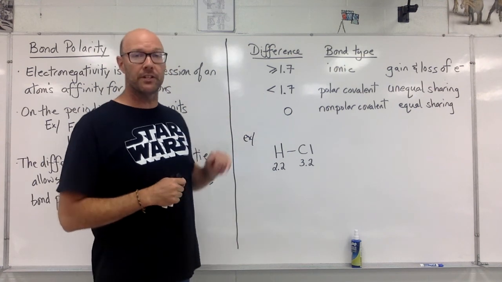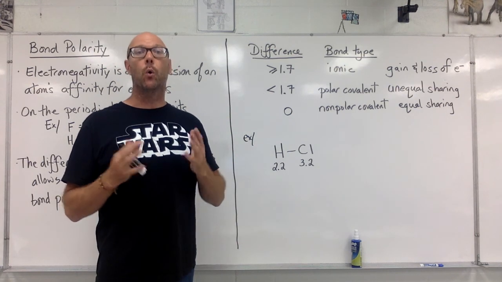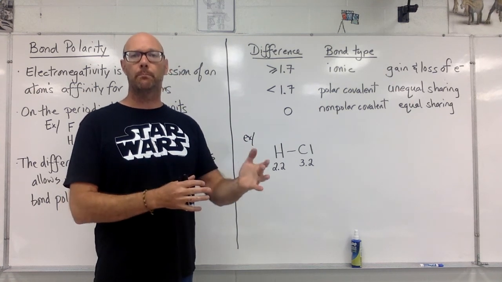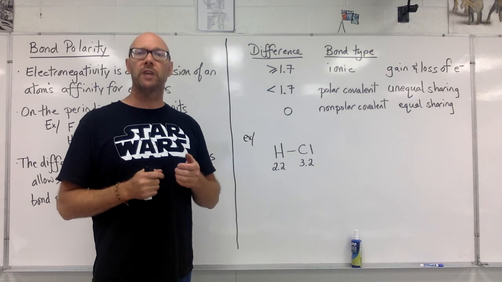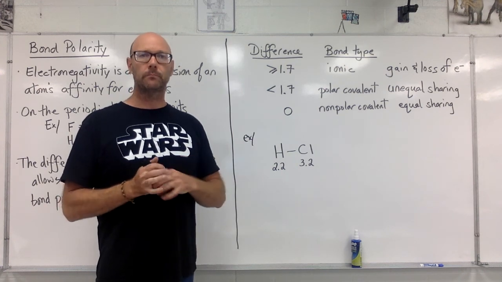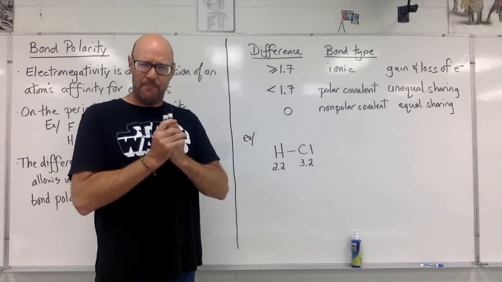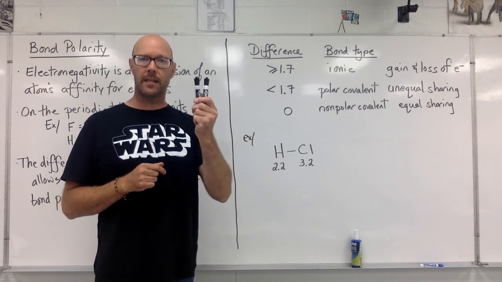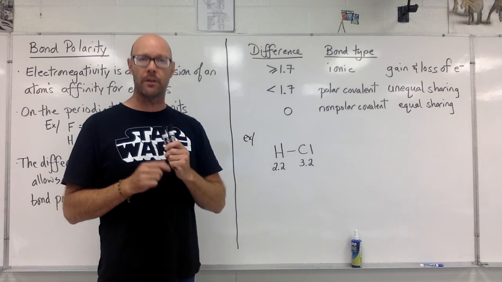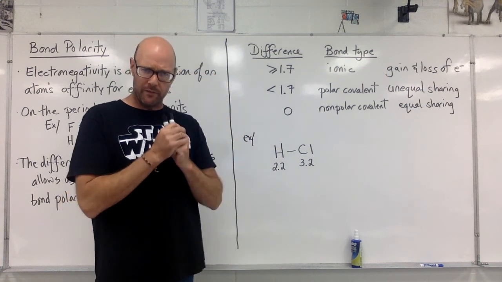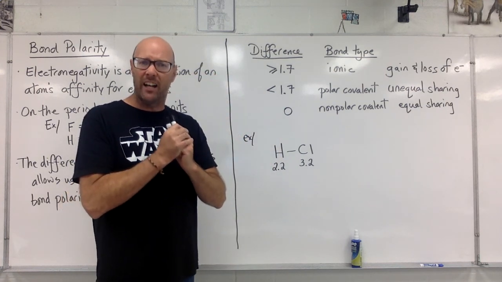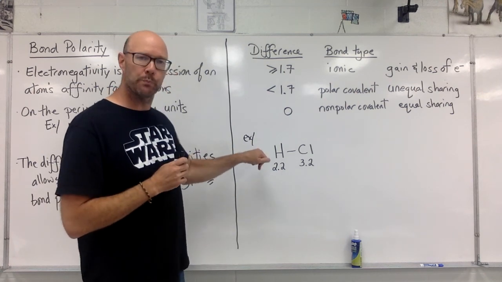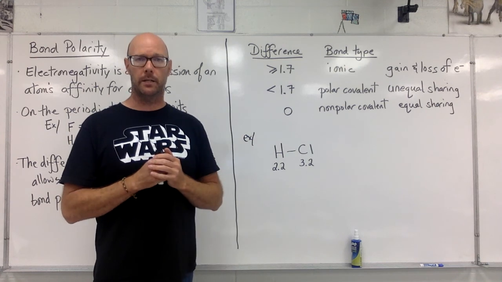If we have a difference of less than 1.7, so 1.6 or smaller, then we have a polar covalent bond. It means we have sharing, but that sharing is unequal. One of the elements is keeping the electrons more than the other. Yes, they are sharing. They're passing that pair of electrons back and forth. There is sharing, but one of them is unequally hogging a bit of the electrons. We need to explore that a little bit more in a minute.